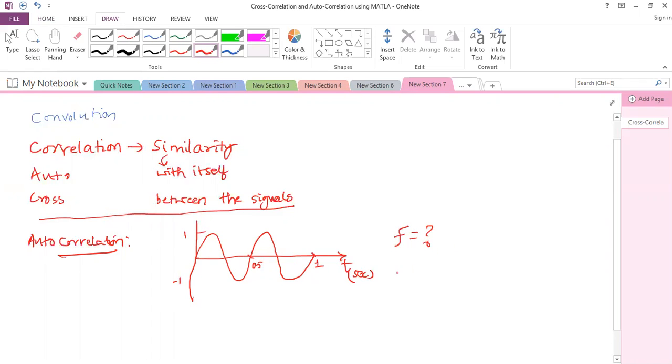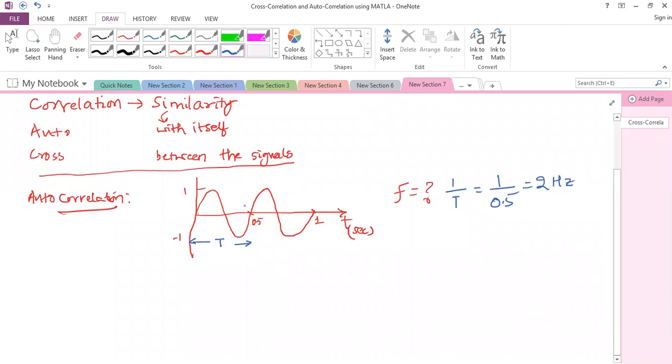The frequency of the signal is nothing but, one time period here is from here to here. So frequency is one over the time period, that's equal to 1 by 0.5, that's equal to 2 hertz. It is very easy. If the signal is very clear, it's very easy to comment on the frequency of the signal directly.